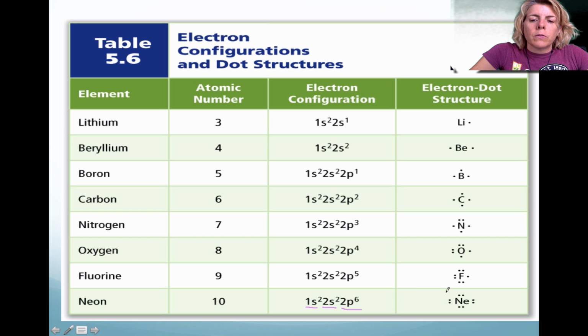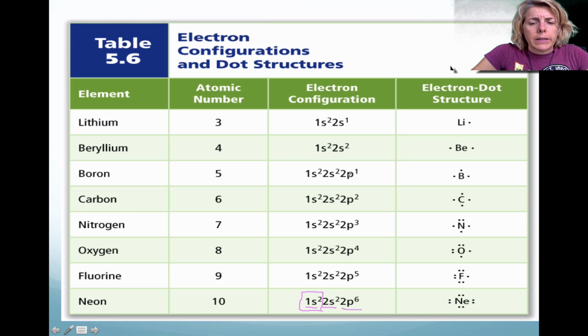Now, to represent the valence electrons, notice we're not looking at the s orbital in the first energy level. We're actually only looking at the last 8 electrons that are in neon's valence shell. So here we put 2 dots per valence electron pair.